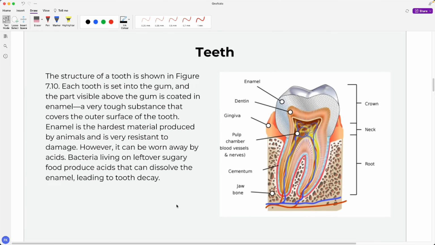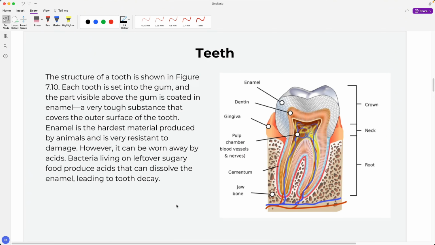Now let's look at the structure of the teeth, shown in figure 7.10. Each tooth is set into the gum, and the part visible above the gum is coated in enamel. This is the enamel. Enamel is a very tough substance that covers the outer surface of the teeth, right? If you touch your teeth, you can feel that the surface is hard. It is enamel actually.